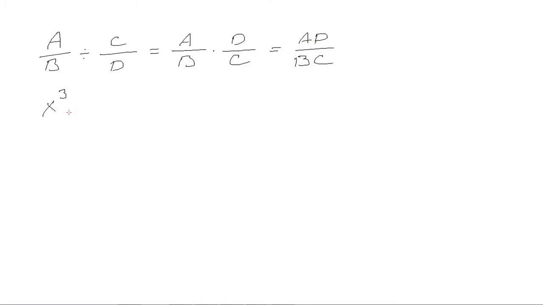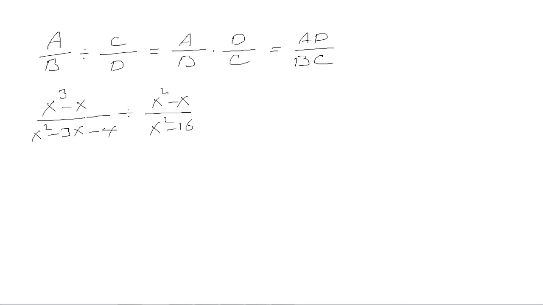x to the power of 3 minus x over x squared minus 3x minus 4 divided by (x squared minus x) over (x squared minus 16).